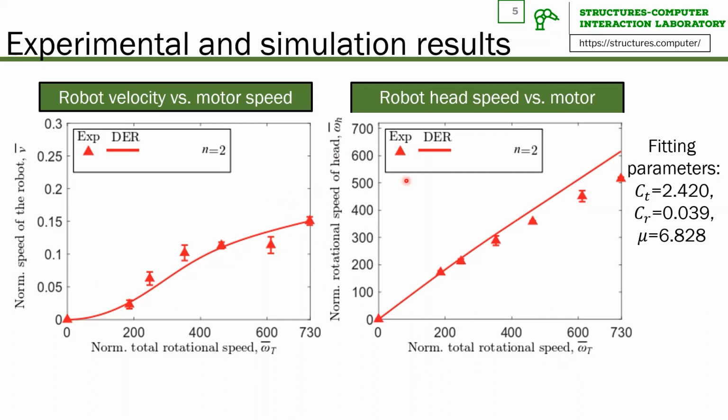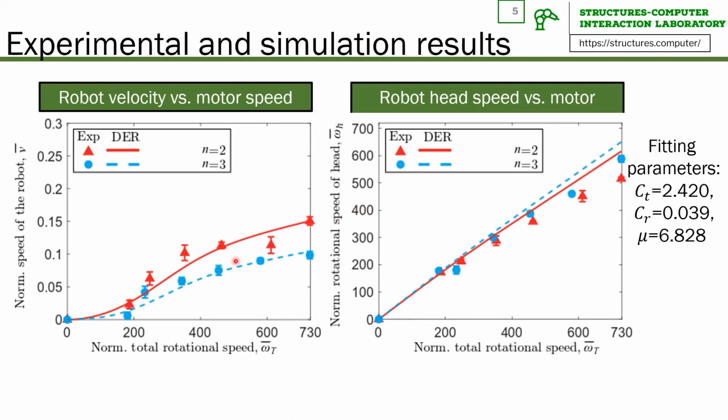And then the same set of fitting parameters is used to predict the performance of a three-tailed robot. The simulation results match quantitatively well with experimental data.